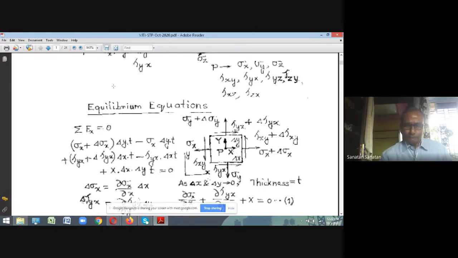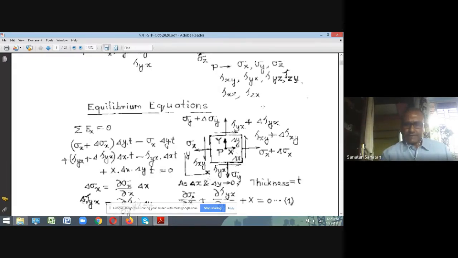Therefore the moment of this force is tau xy multiplied by delta y into t, and this is also tau xy multiplied by delta y into t, and they are acting at a distance of delta x.